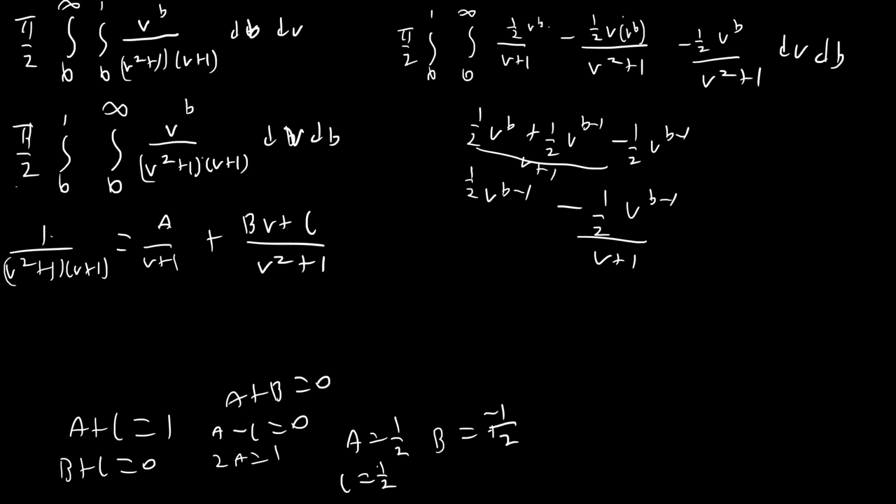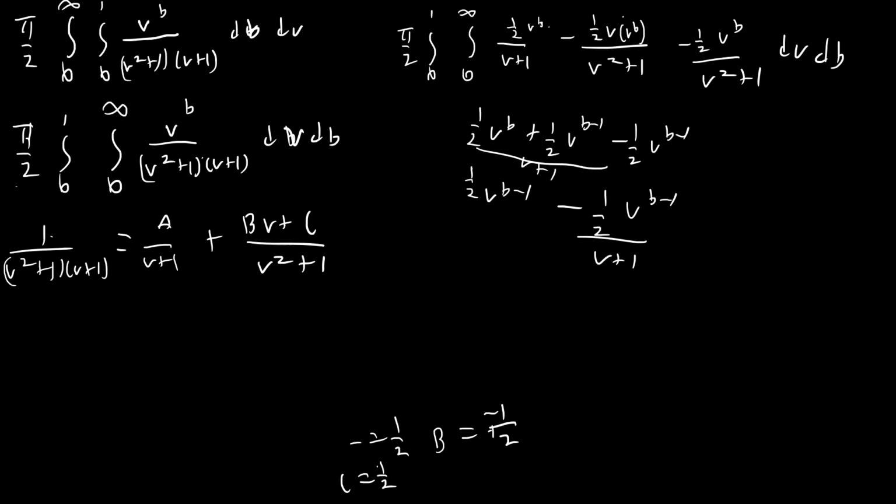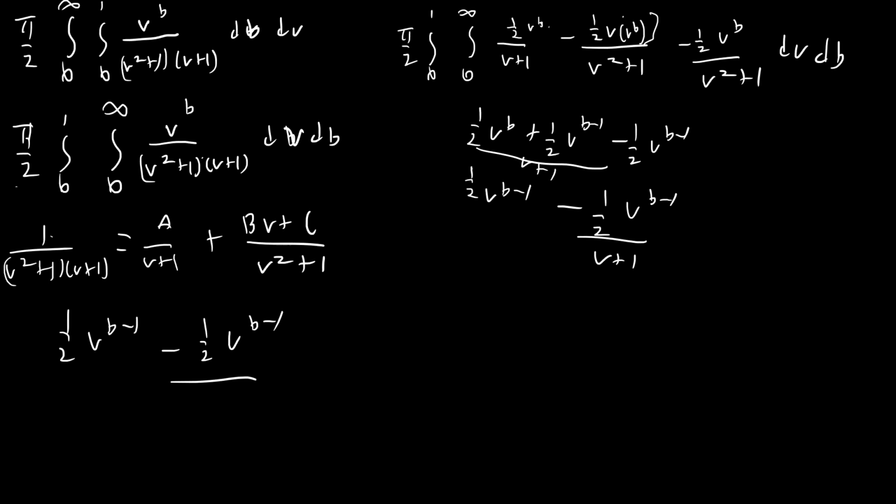And then with this other one right here, I'm going to do the same thing. So I need a lot more space to do this, but it should work out pretty nicely for us. Just need to be very careful with our work. Okay. So here we have v^(b+1). So we have 1/2 v^(b−1) minus 1/2 v^(b−1) over v plus 1 minus 1/2 v^(b+1) over v squared plus 1.